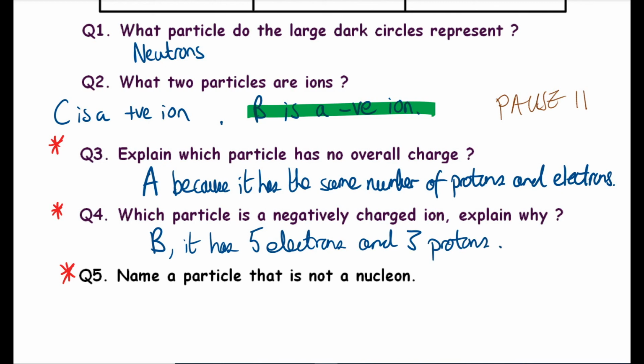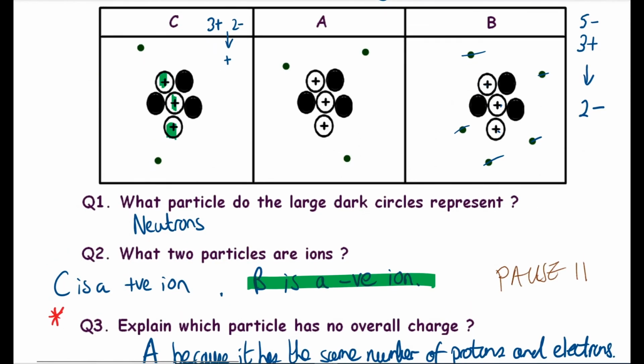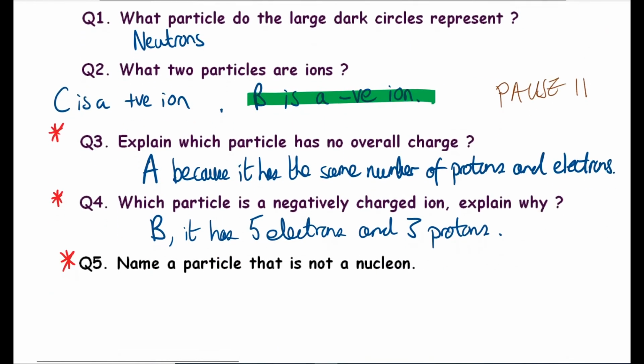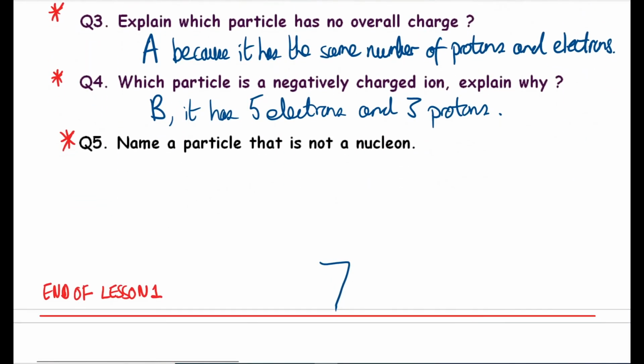Name a particle that is not a nucleon. Well, if you think of it this way, this is the nucleus. So everything inside the nucleus is a nucleon. Anything outside is not a nucleon. So electrons are not nucleons. So the answer there, electron.